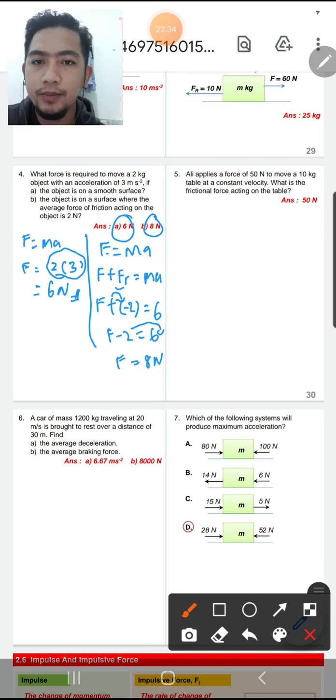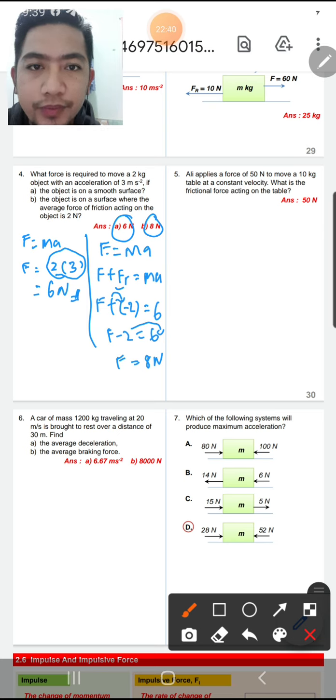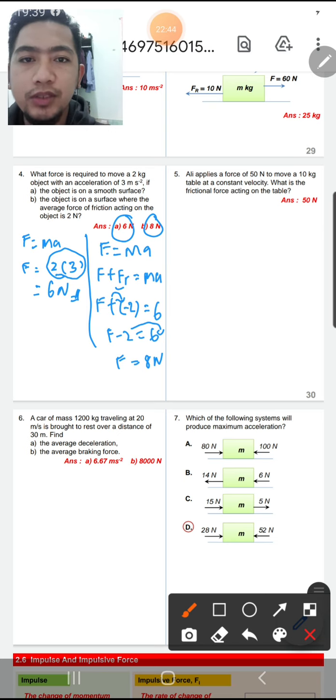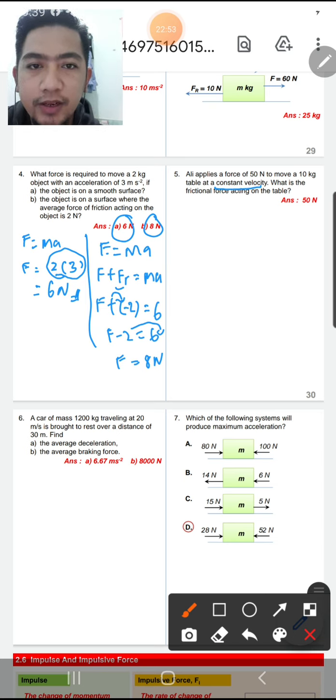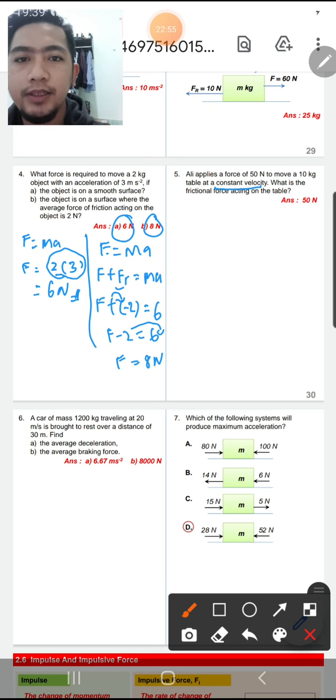Alright, question 5. Ali applies a force of 50 N to move a 10 kilogram table at a constant velocity. So here it is already given the information: constant velocity. What is the frictional force acting on the table? So we need to find the frictional force.